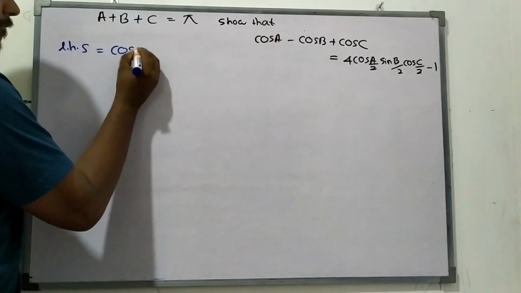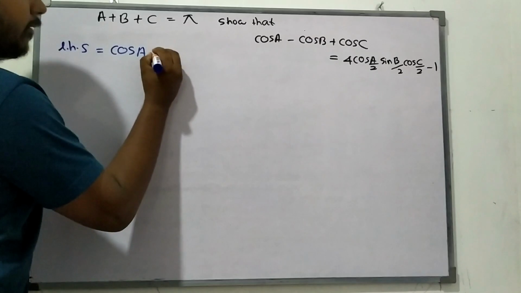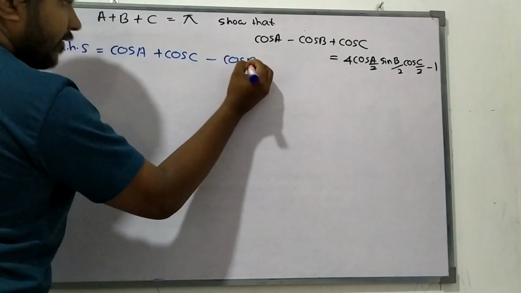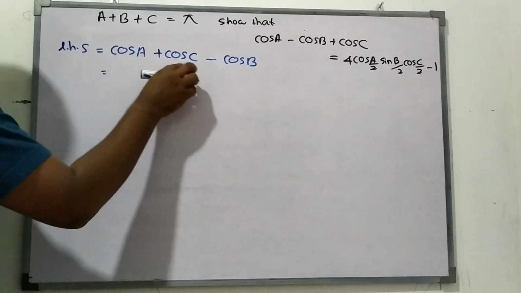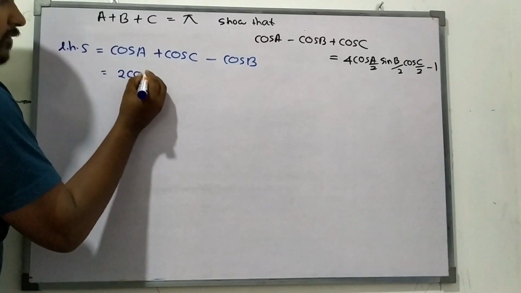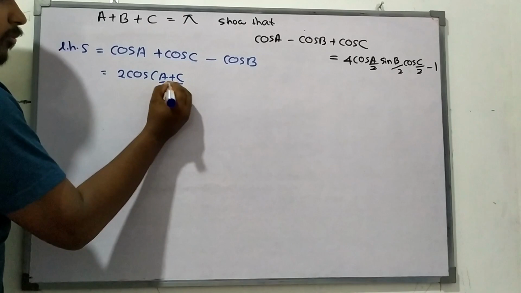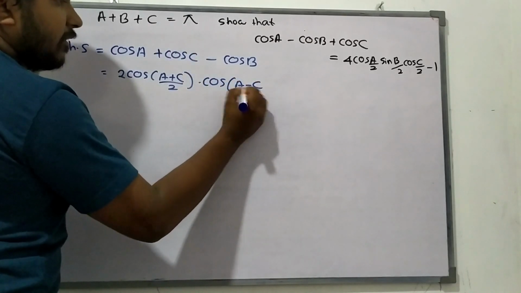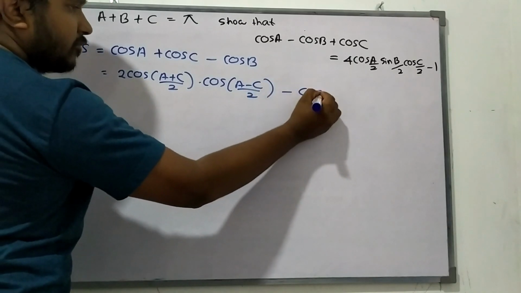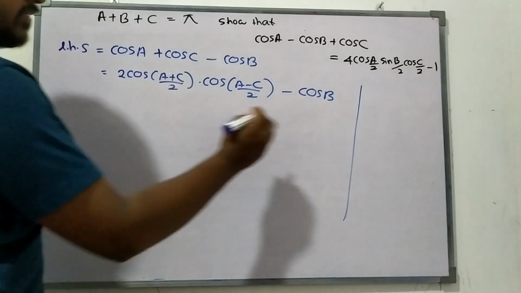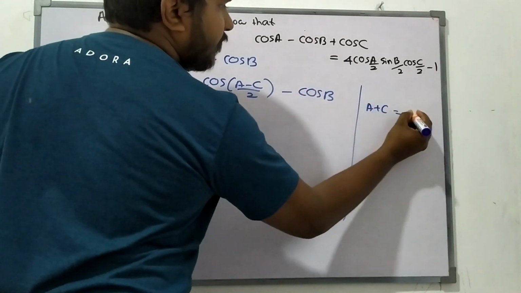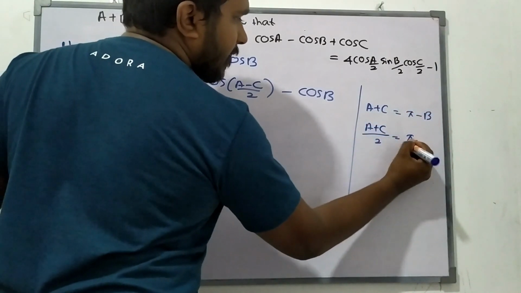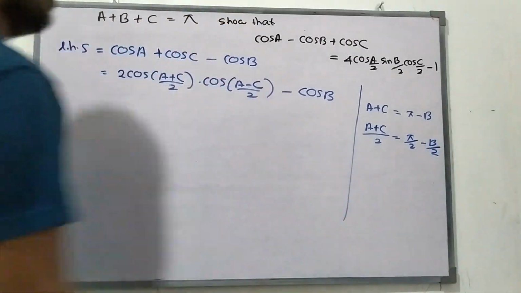Cos a, and I just put cos c, and I shift cos b to the other side. Cos a plus cos c means 2 cos (a plus c) over 2 cos (a minus c) over 2 minus cos b. What is a plus c? It's pi minus b, no? A plus c by 2 means 90 minus b by 2.